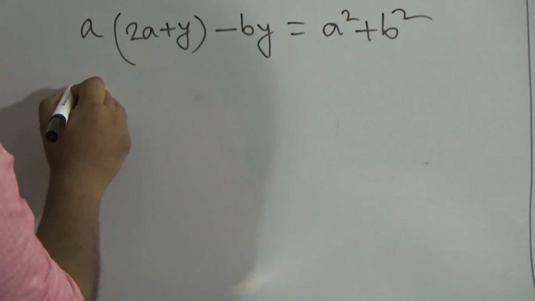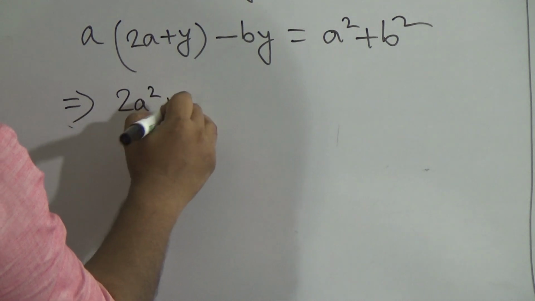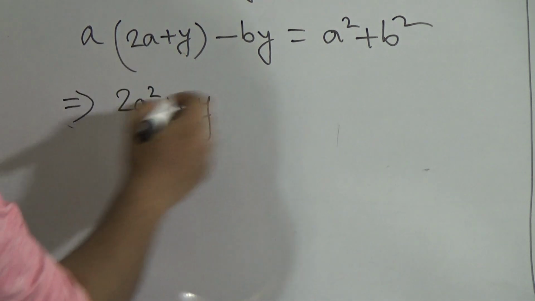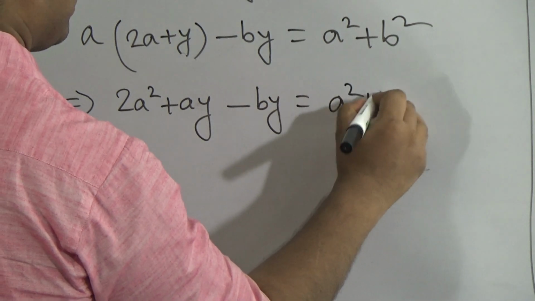Then we multiply this by a, that means twice a square plus ay. After that minus by is written here, and here a square plus b square.